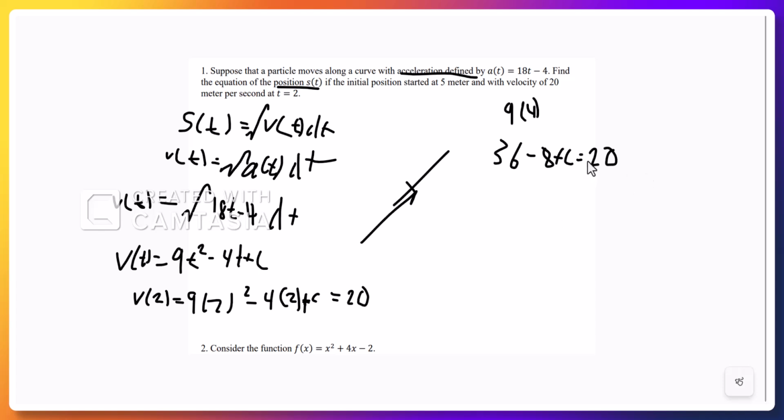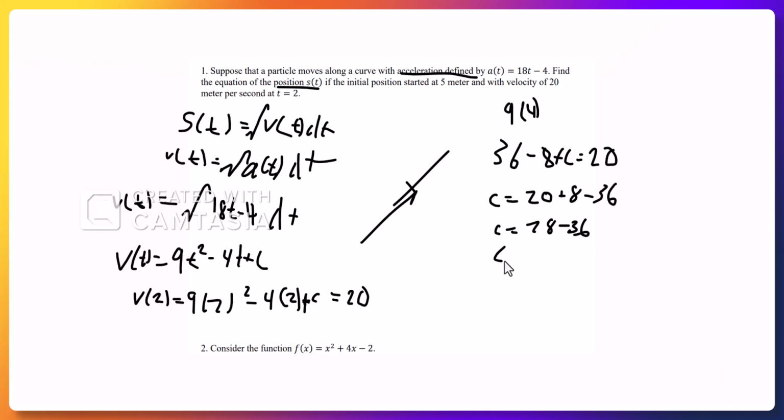So we're going to get c by itself. c is going to equal 20 plus 8 minus 36. So this is 28 minus 36, which means c equals -8.